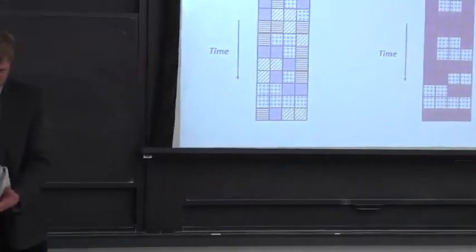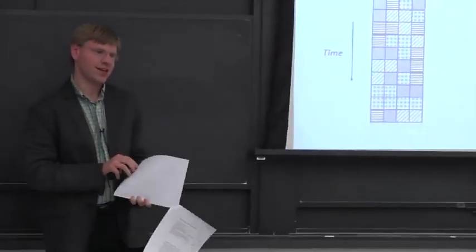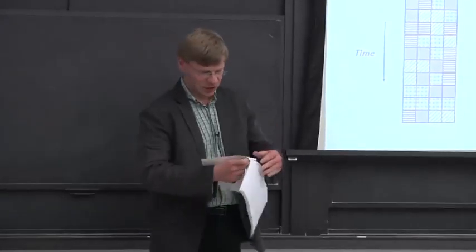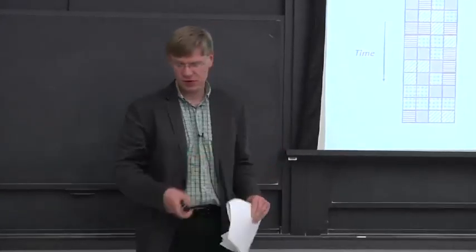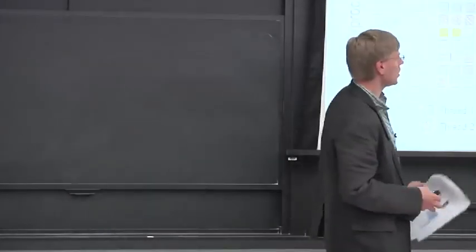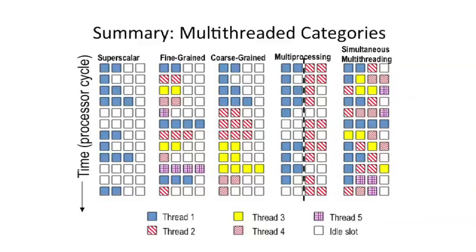So let's go back to multi-threading and look at actual simultaneous multi-threading, which is where we left off. Just to recap, we talked about different types of multi-threading. We talked about not multi-threaded processors, so you have your superscalar. We're trying to fill in the empty slots here. So we can do some fine grain, but not simultaneous multi-threading. We can do coarse grain multi-threading.